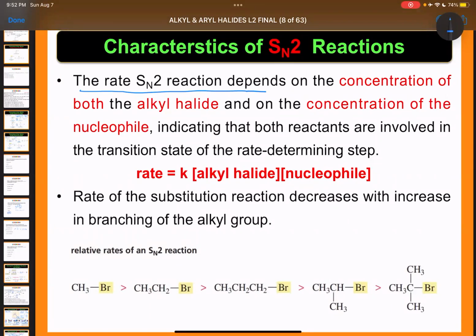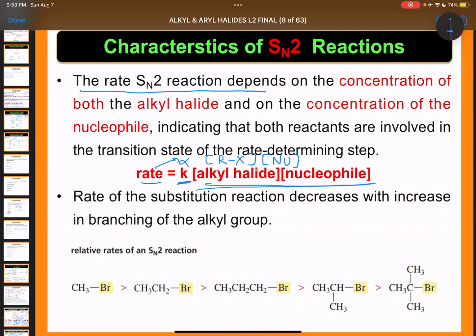So I will say that the rate of SN2, or the speed of SN2, is directly proportional to the concentration of RX times the concentration of nucleophile. If you remove the proportionality sign, you will put a constant K, and this is actually known as a second order reaction.